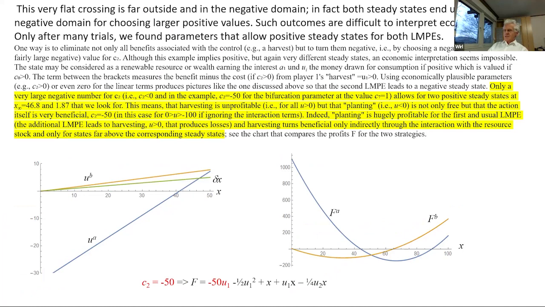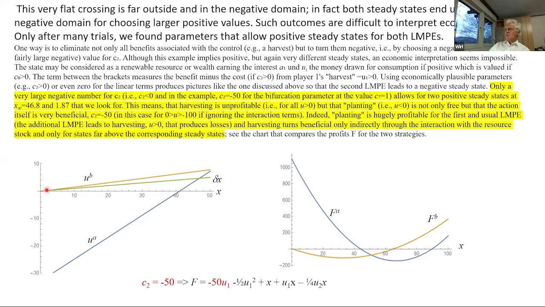So, again, this is a little bit tedious. I cut a long story short. You can play around with the coefficients to render both steady states in the positive domain. You see this on the left-hand side. You have one steady state, which is very large, x is 50, and the other one is very small.